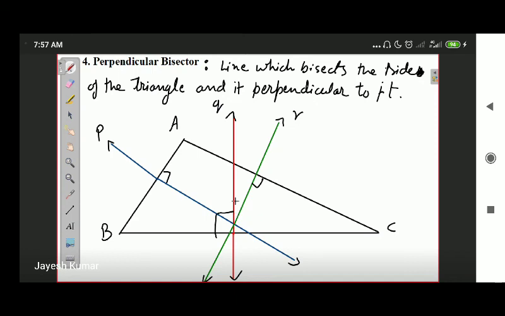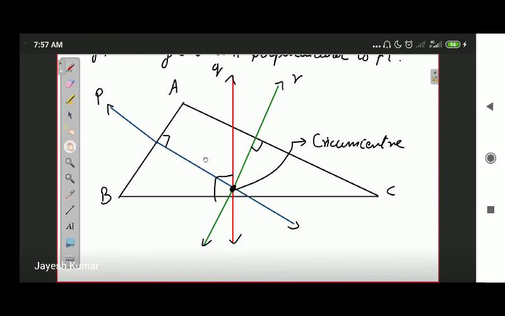And as you all see, once again, there is a point of intersection of all these perpendicular bisectors. This point is called the circumcenter of the triangle. So what is a circumcenter?